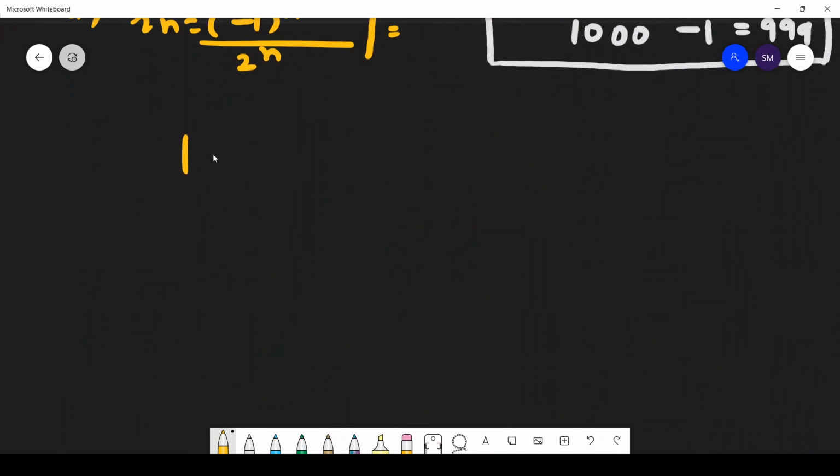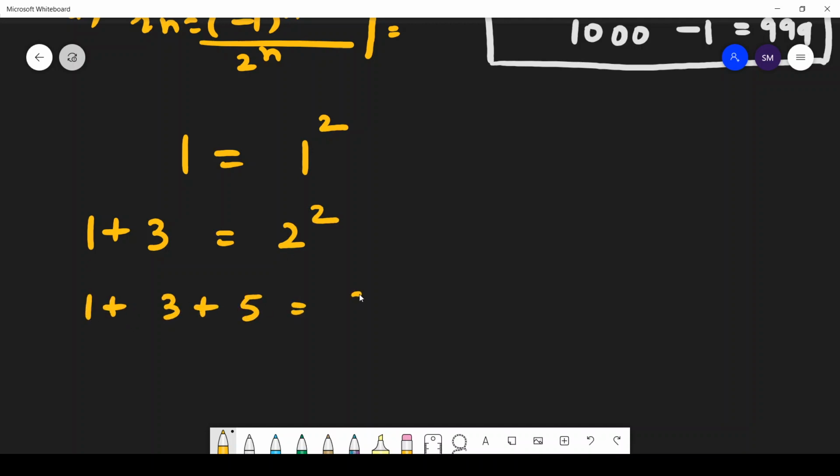So 1 equals 1 square. Now you are adding 2 odd numbers, 2 square. You are adding 3 odd numbers, 3 square. You are adding the first 4 odd numbers, 4 square.